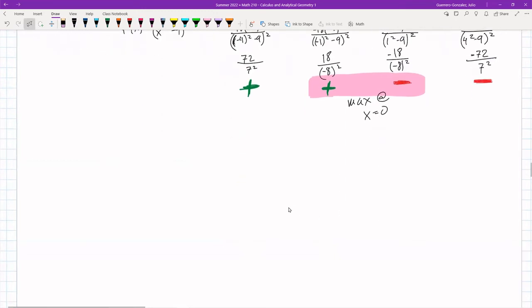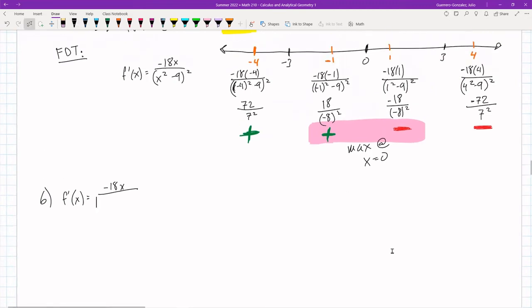Finally, now number 6. I'll go ahead and do it down here. I need to find points of inflection and determine the concavity. What I'm going to do is find the inflection points first. So I'm going to rewrite my f prime of x. That's going to be negative 18x over x squared minus 9 quantity squared.